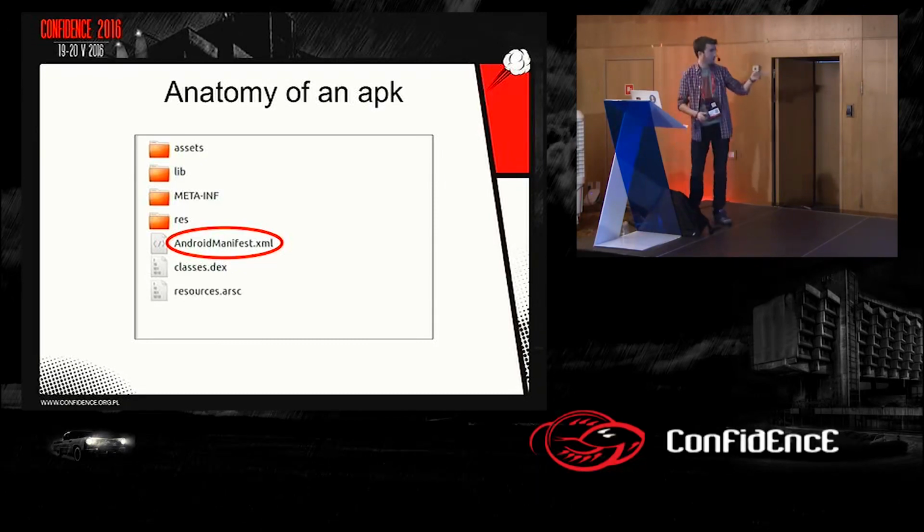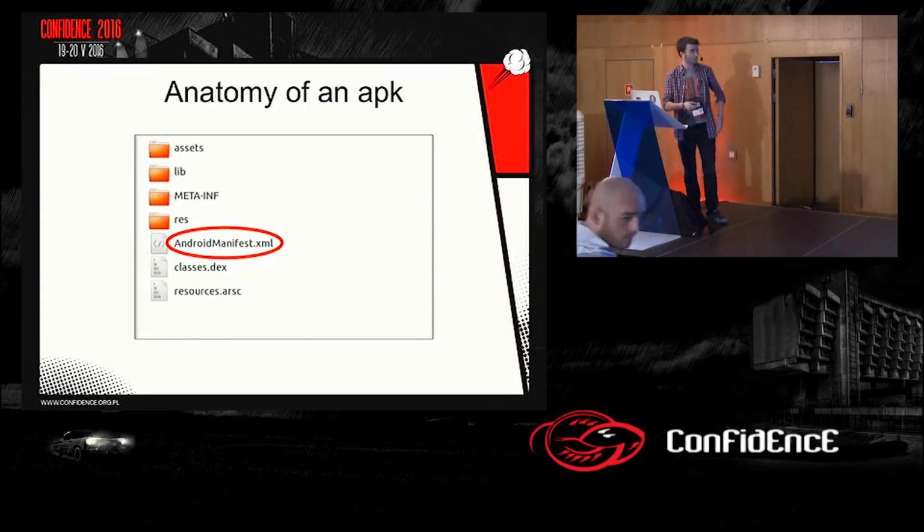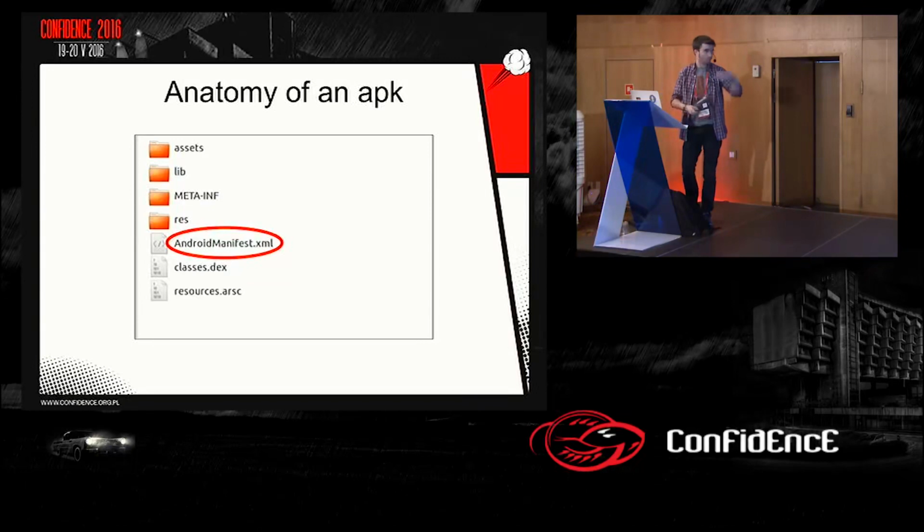Then we have the META-INF folder, which is where the certificate of the application is stored. Then the res folder, where you can find all the resources that the application might need to work, like pictures and sounds. Then resources.arsc, the same resources that are in the folder but compiled.